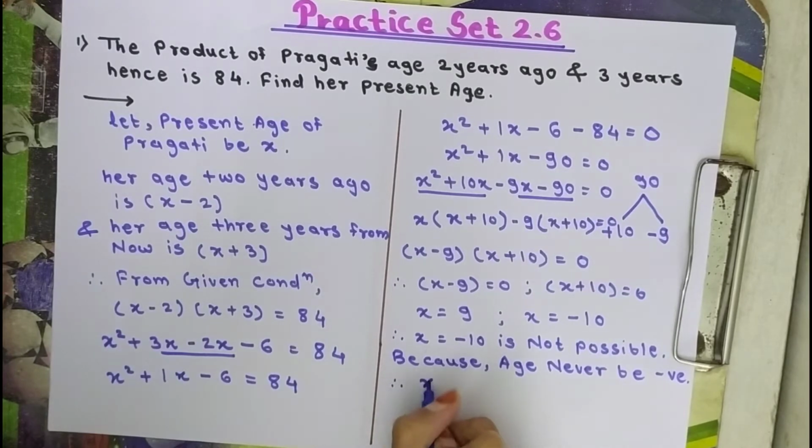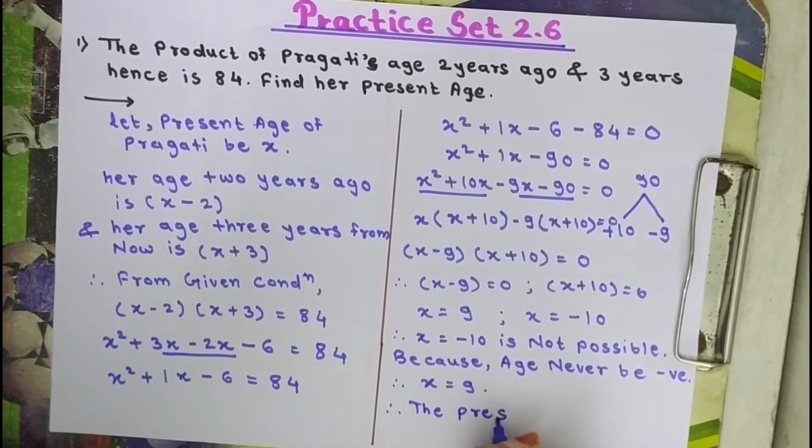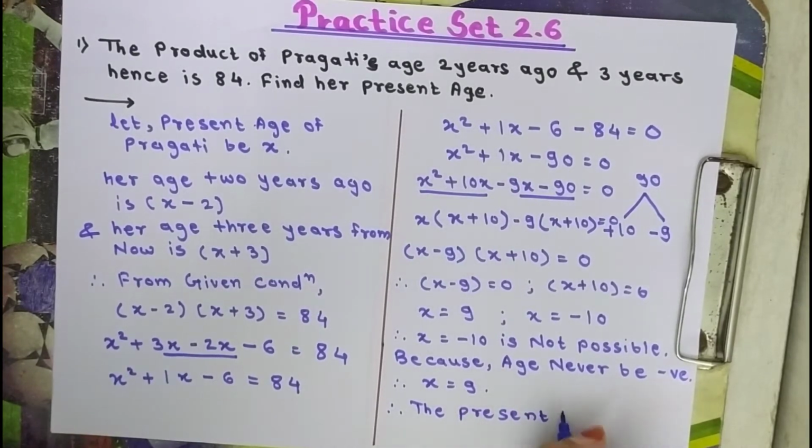Therefore, x is equal to 9. Therefore, the present age of Pragati is 9 years.